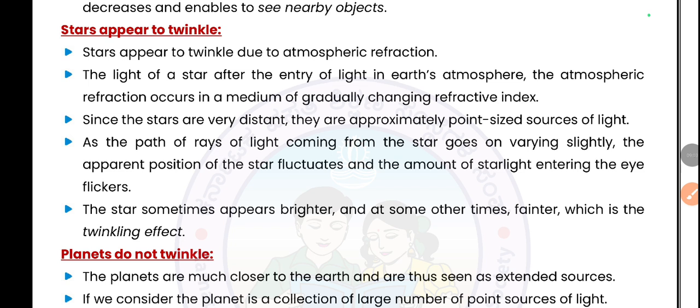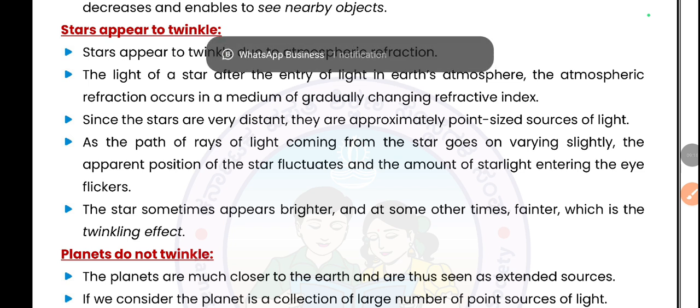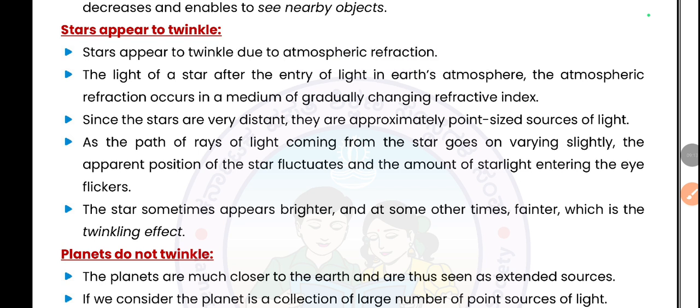As the path of rays of light coming from the stars varies slightly, the apparent position of the star fluctuates and the amount of starlight entering the eye flickers. The stars sometimes appear brighter and sometimes fainter, which is the twinkling effect.